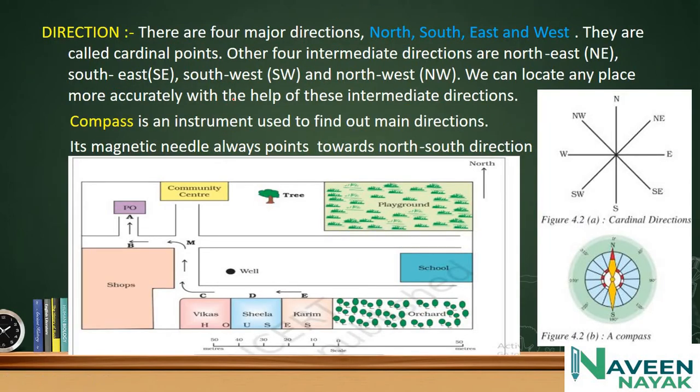Directions. We all know what directions are. There are 4 major directions, and they are north, south, east, west. You can see here, this is north, this is south, this is east, this is west. The middle between north and west is northwest, between west and south is southwest, between east and south is southeast, and between north and east is northeast.